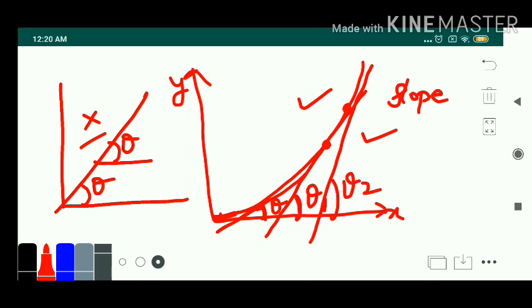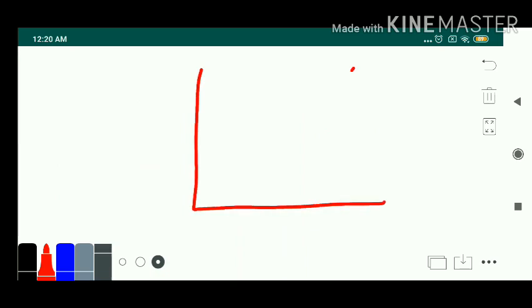So how will we find the slope? The problem was that when I drew a figure like this, I considered two points.